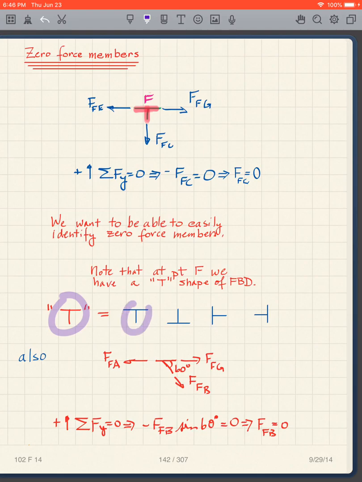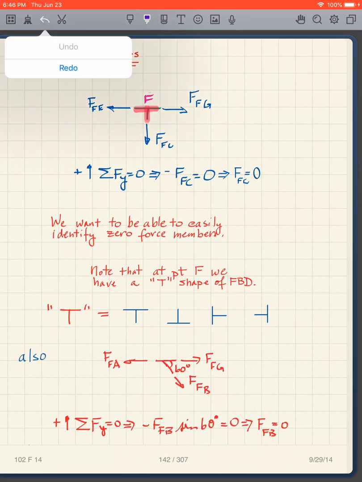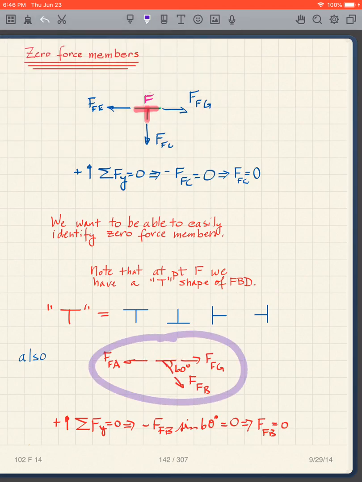So when we look at our truss, we can identify 0 force members by looking for this T. Now, what happens if the T is distorted and it looks like this? Well, let's figure that one out. Let's look at this free body diagram. In this case, I have FFB here at an angle of 60 degrees.